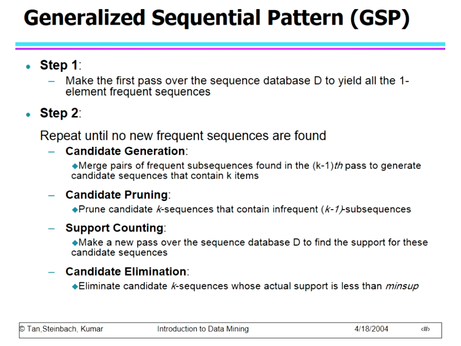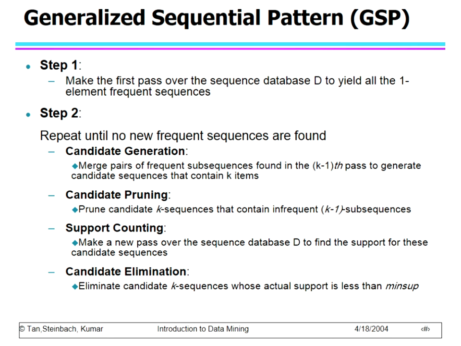The first step is to generate candidates. How can we generate these candidates? We will merge pairs of frequent subsequences found in the k-1th pass to generate candidate sequences that contain k items. After that, we make candidate pruning. So we will prune candidate k sequences that contain infrequent k-1 subsequences.